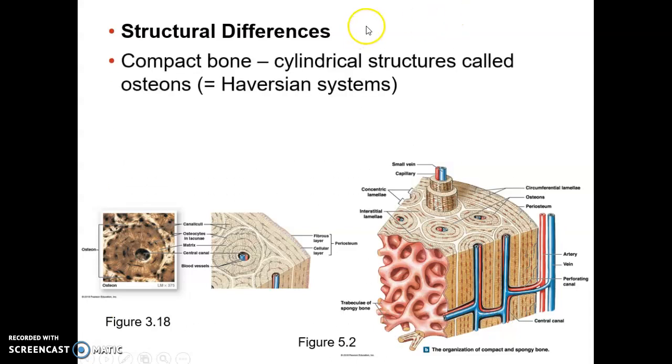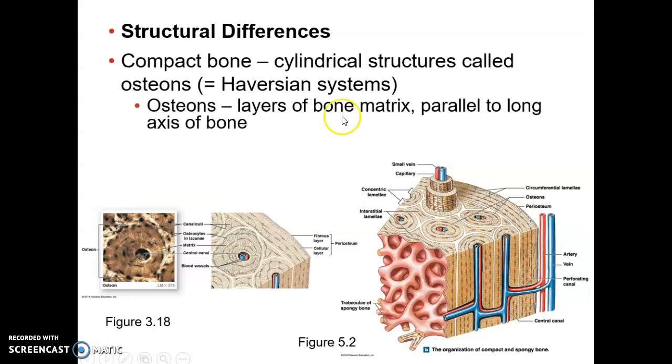Okay, some structural differences. I've mentioned them a little bit now. Compact bone has these elongated cylindrical structures that in cross-section look like tree rings. Those are called osteons or Haversian systems, and they provide a lot of compressional strength to bone. They have layers of bone matrix in concentric circles that run parallel to the axis of the bone.